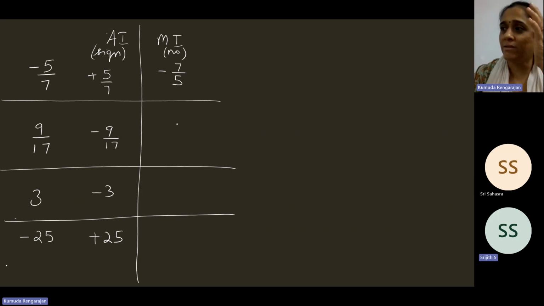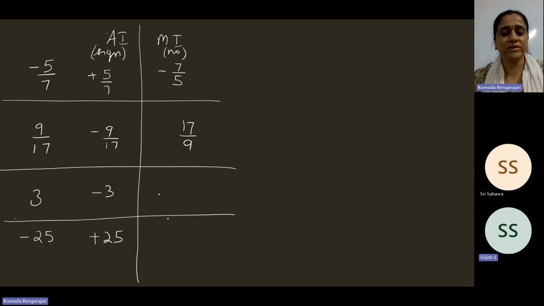You should change only the number. Minus 17 by 9. Multiplicative inverse: disturb the number, not the sign. Write the same sign. 5 by 7 is 7 by 5. 9 by 17, change the number, 17 by 9. Don't disturb the sign. Same sign it will be.